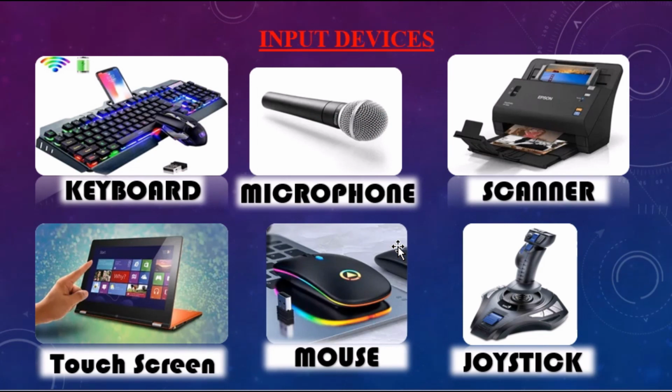Input devices refers to any device used to enter information into a computer from an external source. For example, the mouse, keyboard, microphone, scanner, touchscreen, and joystick. These are some of the input devices.